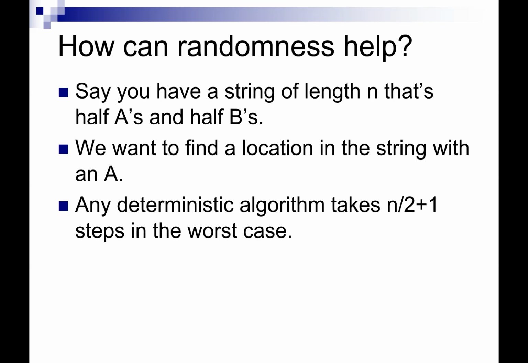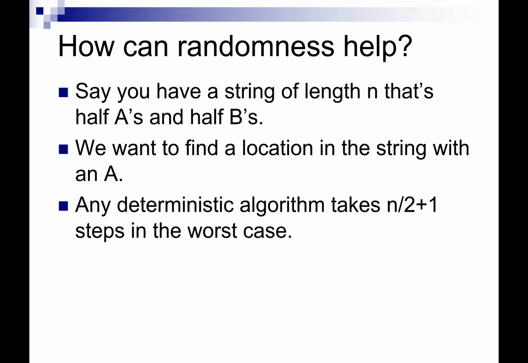So the first location that the algorithm looks at is fixed, so we can make that be a B. Then the algorithm sees that the first location is a B, so it's going to pick a second location, and that second location is also deterministically chosen.